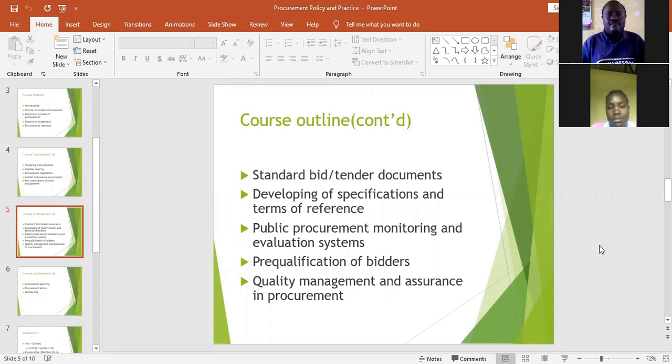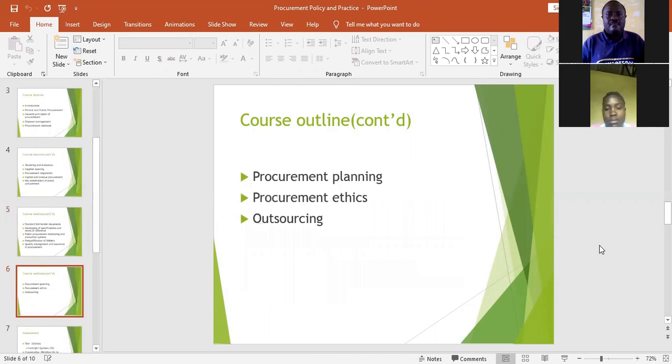Public procurement monitoring and evaluation systems, pre-qualification of bidders, quality management and assurance in procurement, procurement planning, procurement ethics, and the last topic will be outsourcing. After covering all those topics, we shall have completed our course unit of procurement policy and practice.